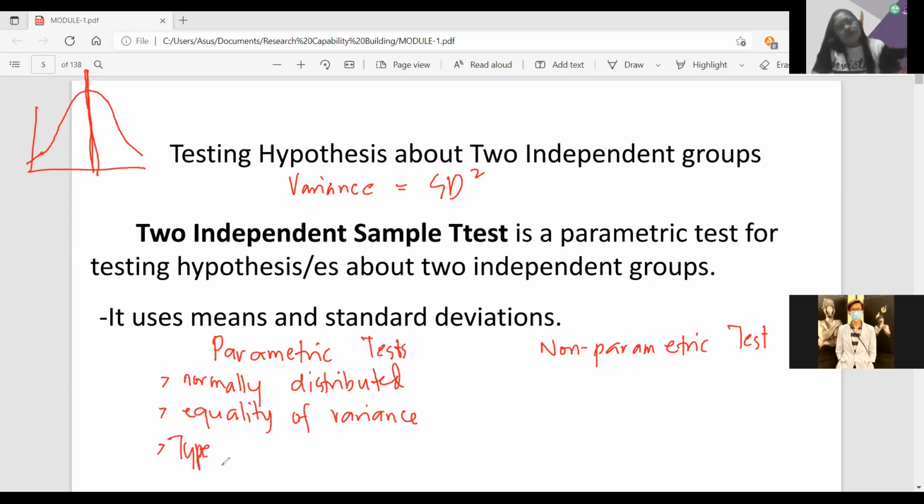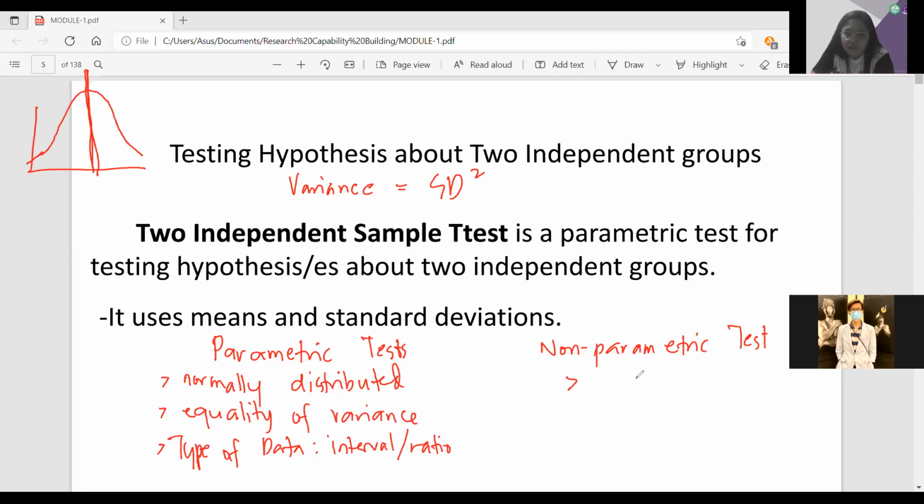Actually, marami yan sila. And then, what else? The type of data. The type of data here should be either interval or ratio scale. So yan yung mga some of the assumptions that we need to fulfill before we can use the parametric tests. If we cannot fulfill these assumptions, then we have to use the non-parametric test equivalent.